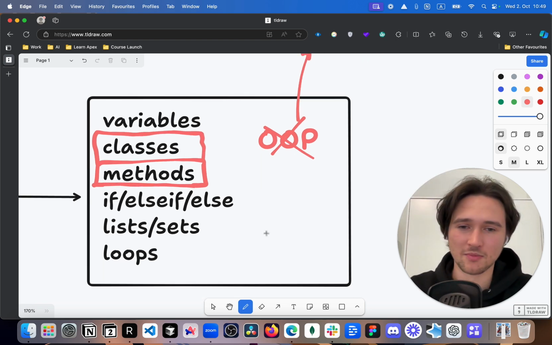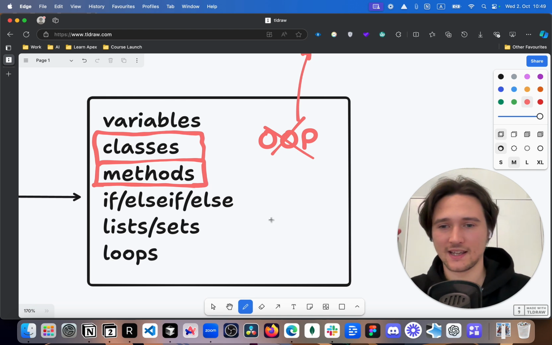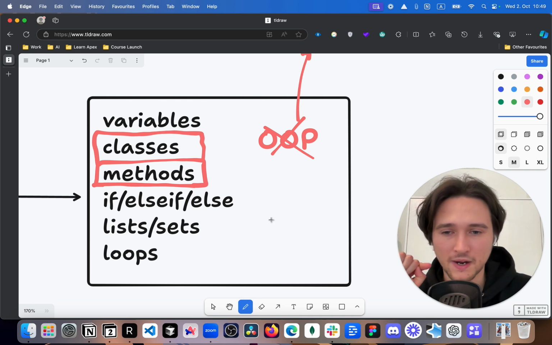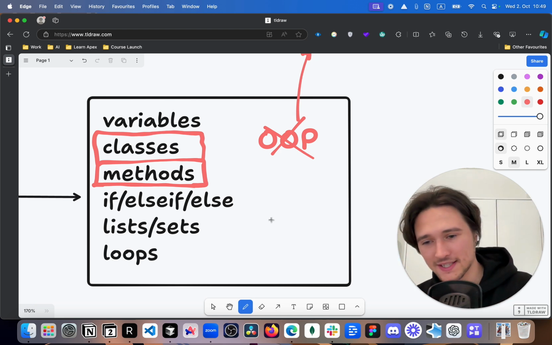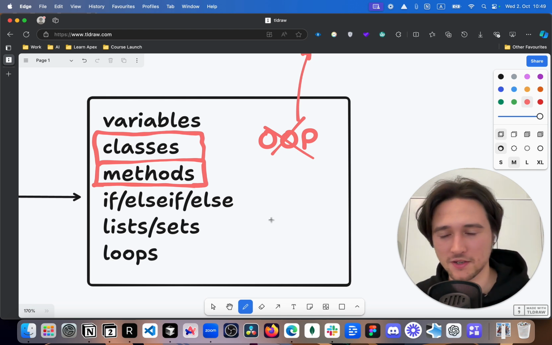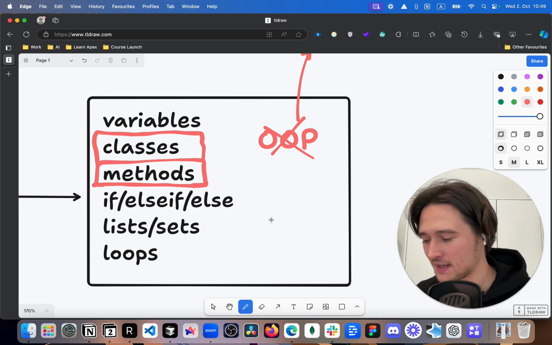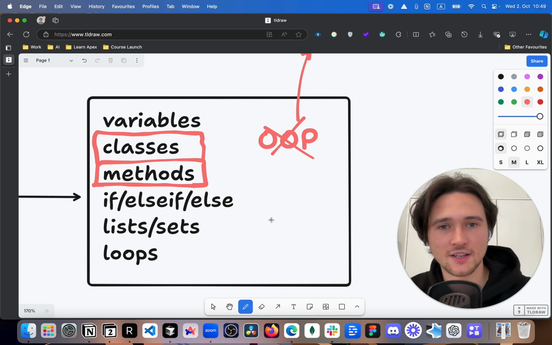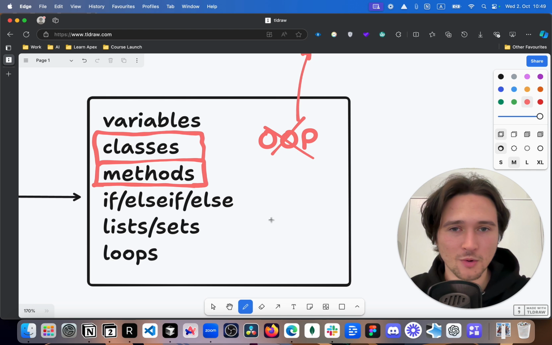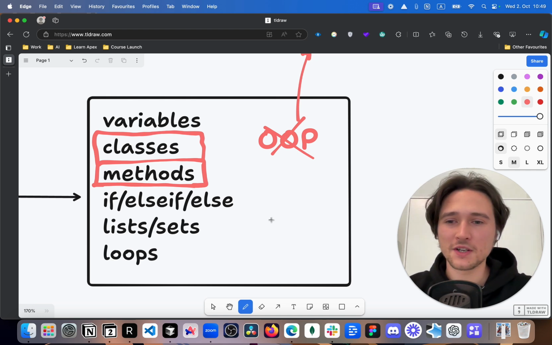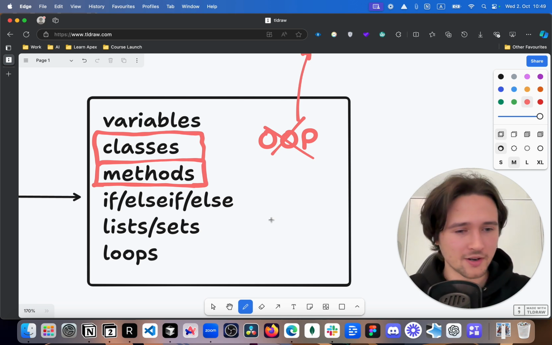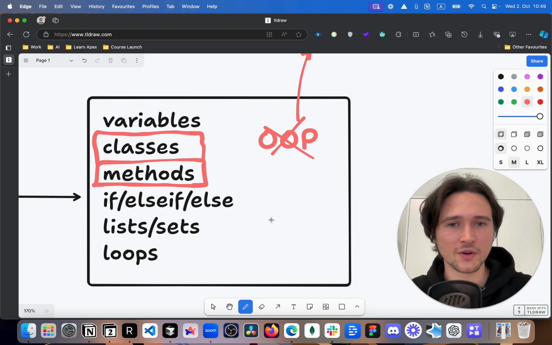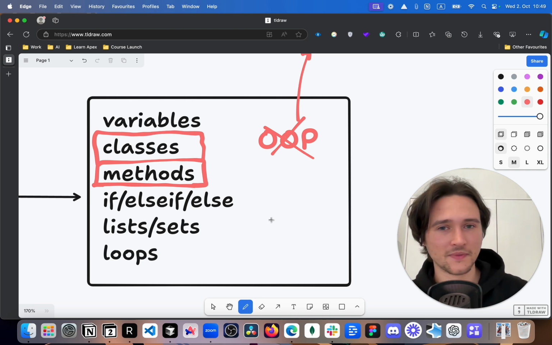Another thing that you probably see here is 1, 2, 3, 4, 5, 6 topics. Six, right? You don't see a hundred topics here. You don't see 50 topics. That's because you need to focus on topics that move the needle. You need to focus in the first month, and quite frankly in all months, on learning what's going to move your development skills the most.